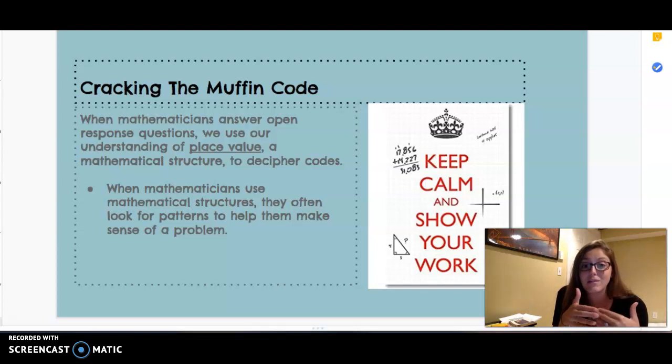When you use this mathematical structure, you often look for patterns that help you make sense of the problem. Just like you looked for patterns in those sequences in your warm-up, you need to look for patterns in your work today. It's going to be a super, super important day to make sure that you're showing your work. Let's get started.